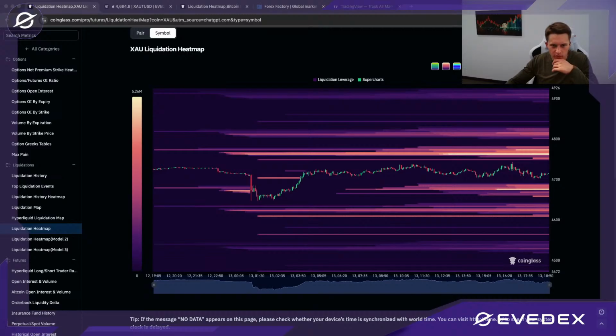So 2 and below is small or weak, 2 to 10 is moderate, 10 plus notable, 20 plus strong magnet. So 5.2 is kind of in this mid-range liquidity. So it's nothing crazy.